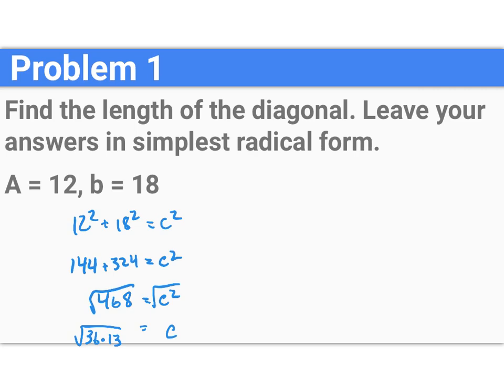And we know the square root of 36 is 6. So 6 root 13 equals c. There's no number that will multiply the 13 by 13, so that makes 13 a prime number. If you have not seen this, go back into my numbers and operations. I did make a video about simplifying radicals.